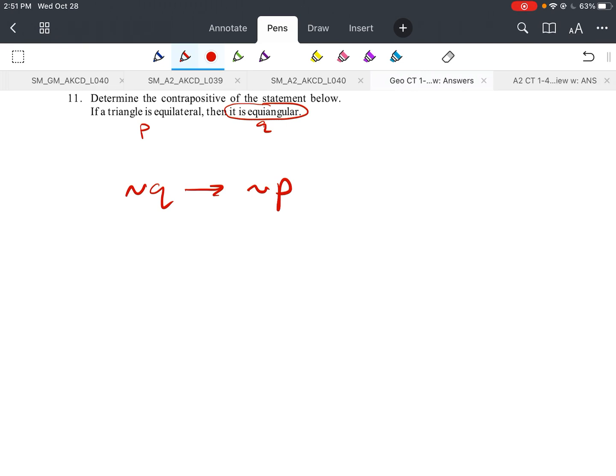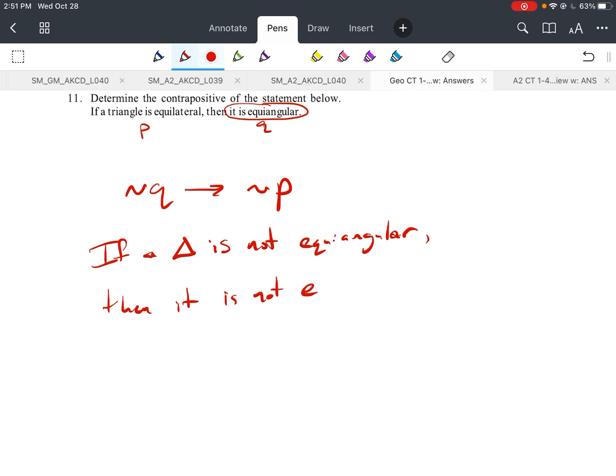So you'd say if a triangle is not equiangular, I'm basically saying the opposite of Q, okay? So if it's not equiangular, then it is not equilateral. Okay? So, easy enough. Just a little short statement, and you're good to go.